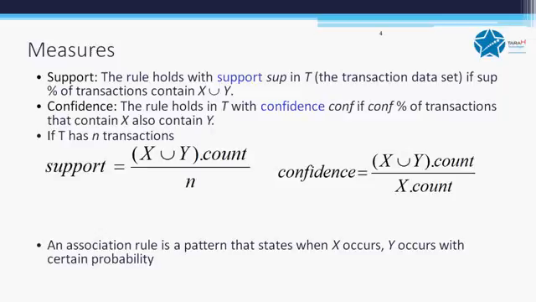Confidence is about, among the left hand side transactions, how many also have the right hand side. So if X occurs, Y also occurs in a certain percent of the transactions which have X, that shows the confidence. Whereas X and Y together occurring among the whole set of transactions, that is your support.